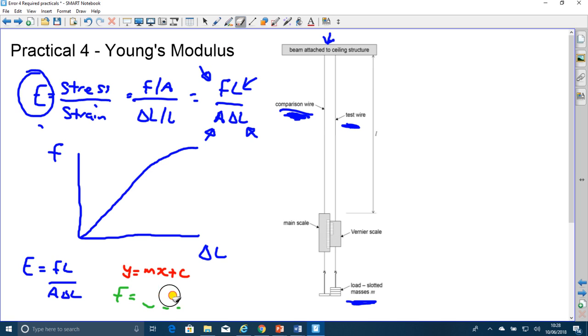Being silly there. I'm just going to rearrange the equation there, I've just got to rearrange it so it makes sense, because we're doing a graph of F against delta L.